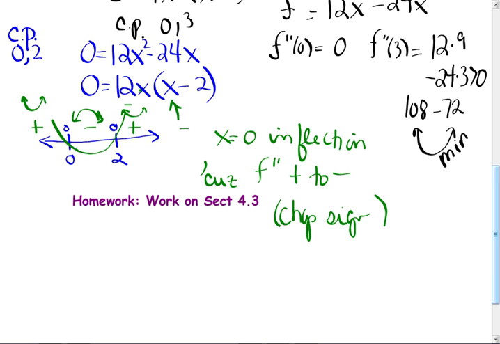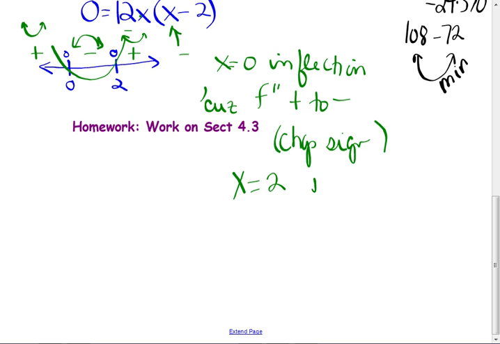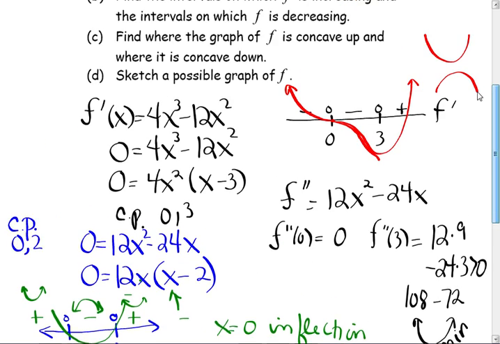If the second derivative changes sign in any function, you get an inflection point. So do I have another inflection point there? At x equals what? 2. And this one, f double prime, goes from negative to positive. It has to simply change signs. It says where's it concave down, where's it concave up?